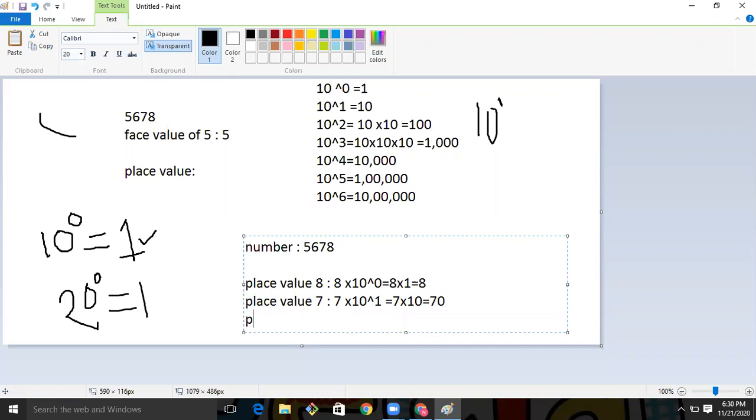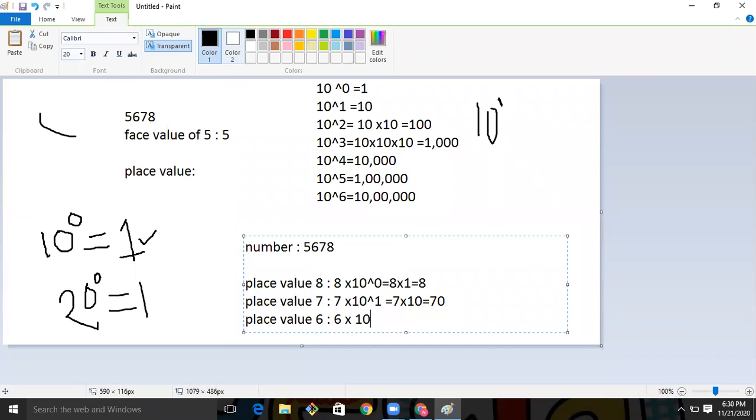Okay, now we will go to finding the place value. Do it very fast. Place value of 6. So now I want to find out the place value of 6. How can you find out? Very important. First you have to take the digit. The digit is 6. Again into, this time how much do we multiply? 10 to the power of which digit? 10 power 0, 10 power 1, 10 power 2.